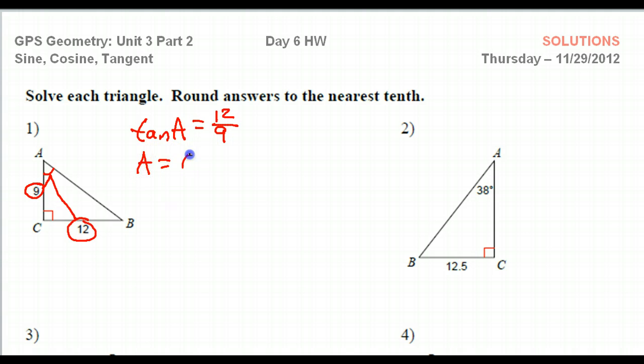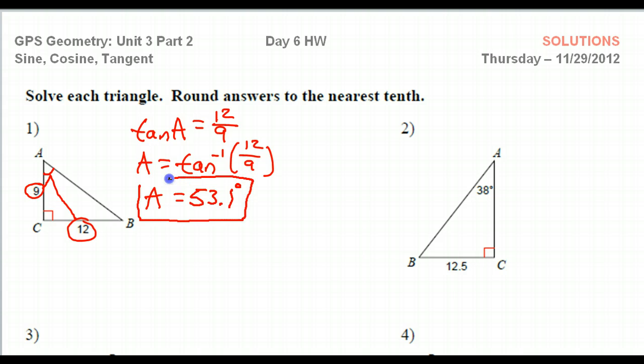That means A is equal to the inverse tangent of 12 over 9. Then I'm going to put that in my calculator, and I'm getting 53.1 degrees. That's the first of 3 things I need to find.